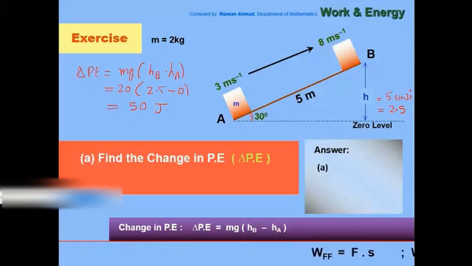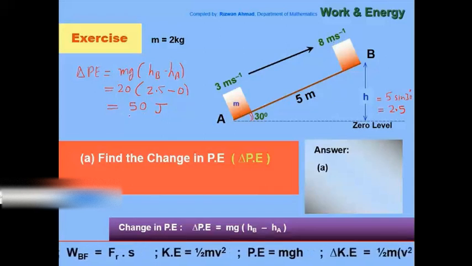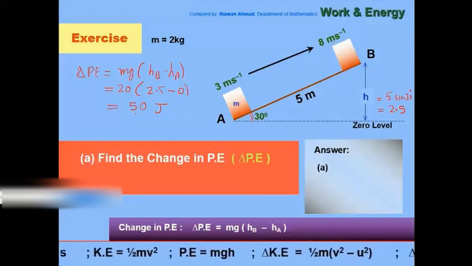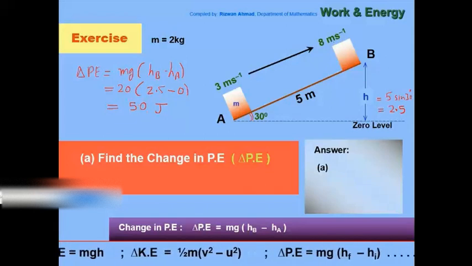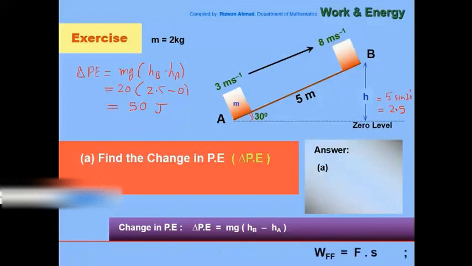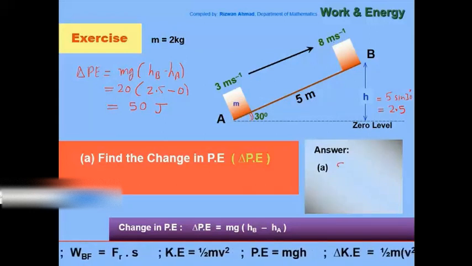Okay. mg is Newton and height is meter, Newton meter. So it is joule. Energy and work has the same unit. That's why both are transferable. Okay, so this is the change in the potential energy. So change is positive. It means that the object is increasing its height. Okay, it's true because it's moved from point A to B and B is higher than A. Okay, so it means this answer is 50 joule.